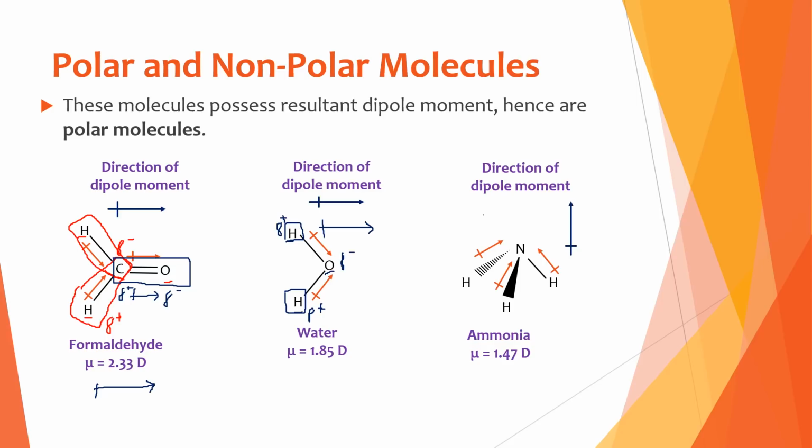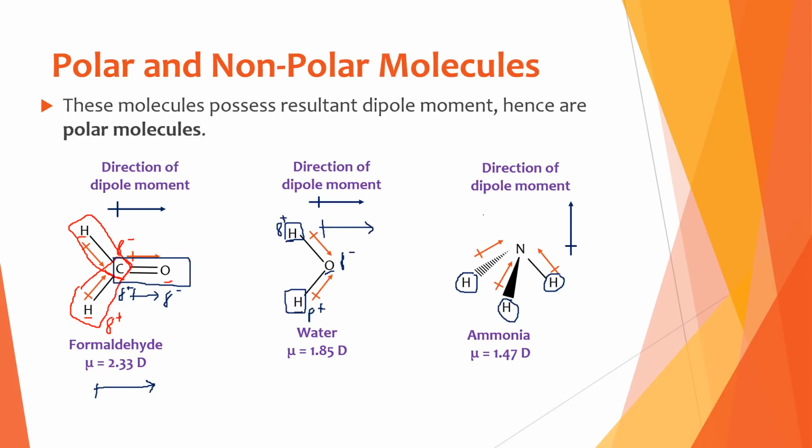The same case occurs in ammonia. Even though all of the side atoms are the same, which is hydrogen, each bond between hydrogen and nitrogen is a polar bond, because hydrogen is less electronegative than nitrogen, so the dipole moment will come from hydrogen towards the nitrogen.